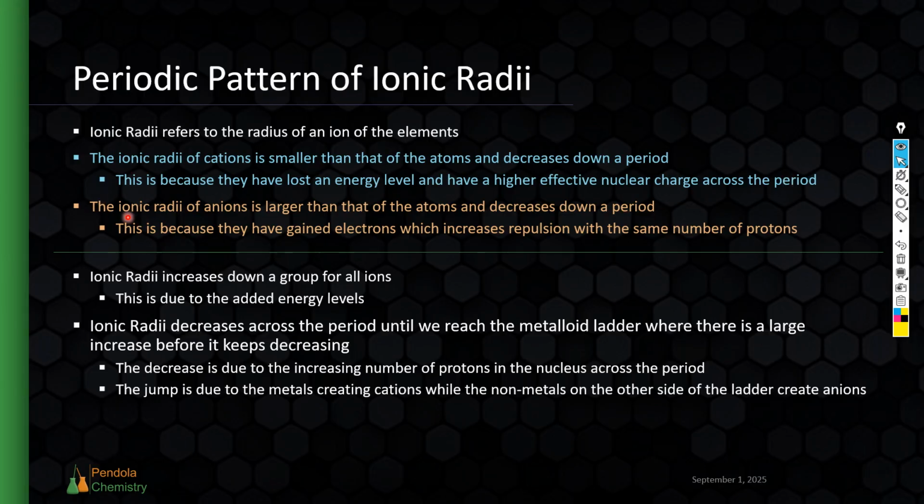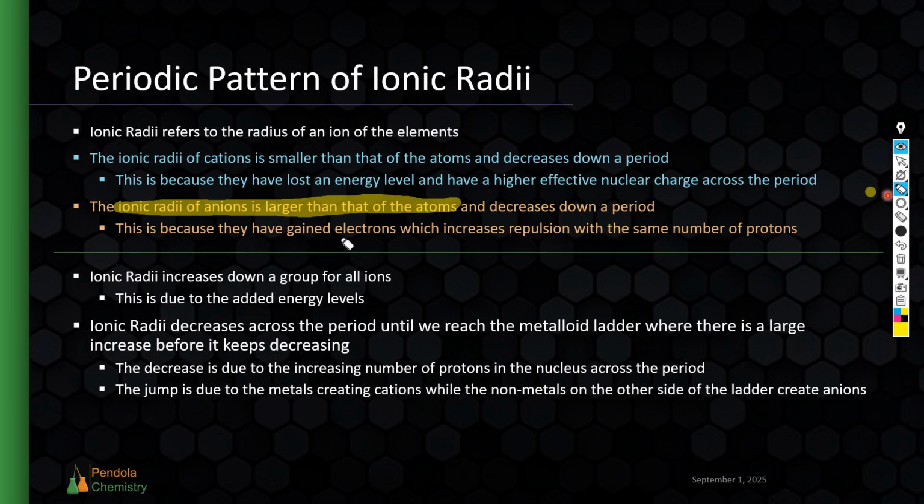On the other hand, the ionic radii of anions is going to be larger than that of the parent. And now that reasoning is pretty straightforward, right? Because the ionic radii of an anion is larger than that of the atom. That's just the opposite of the cation. But the reason why is a little more complex.